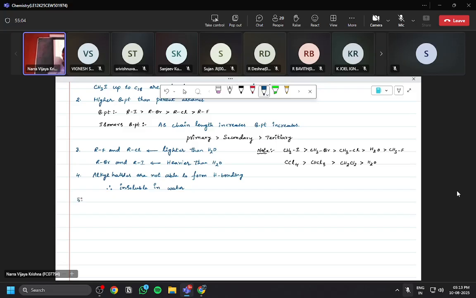Next. Point number 5. Identification test. To identify alkyl halides, already in class 11th we have seen Lassaigne's extract. A given organic compound was taken in a test tube. First we will take a dry ignition tube. In that, we'll take a small piece of sodium metal.